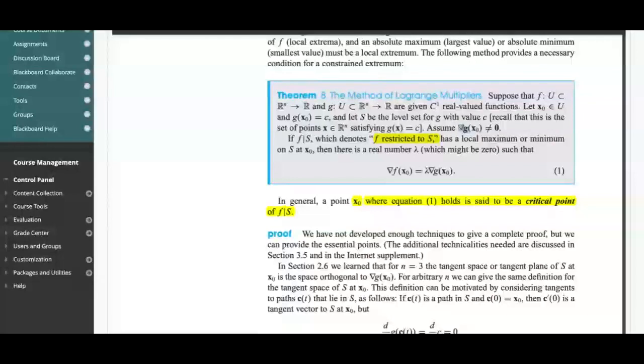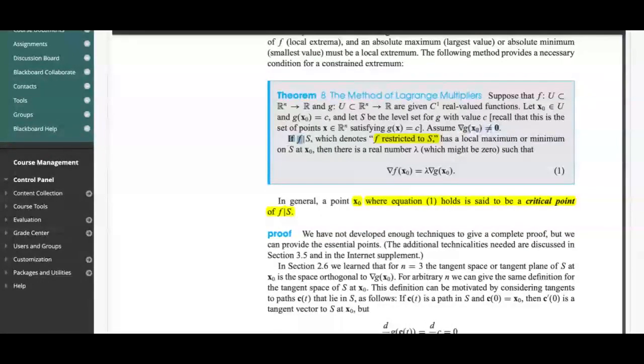If the gradient equals 0, it doesn't give us any information. Because what is the geometric meaning of gradient? The gradient vector points in the direction the function increases fastest. If it's 0, it doesn't move, there's no rate of change.